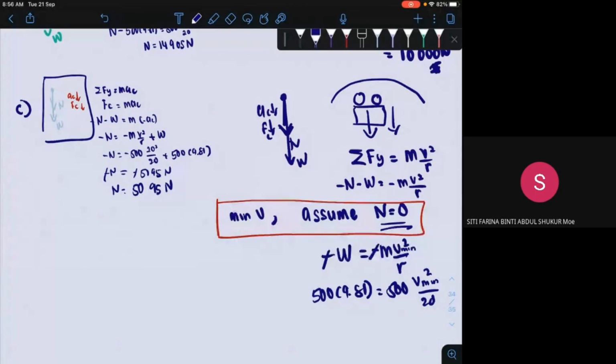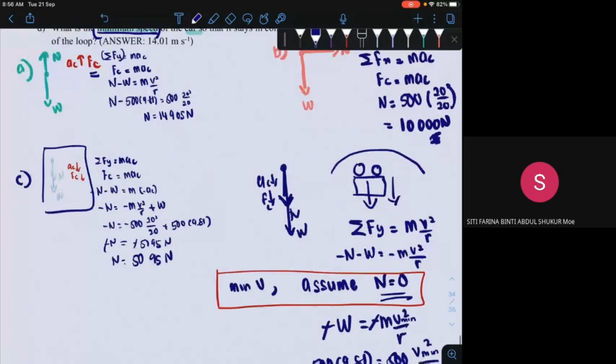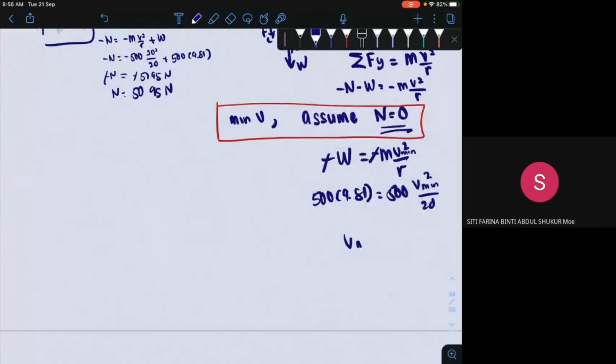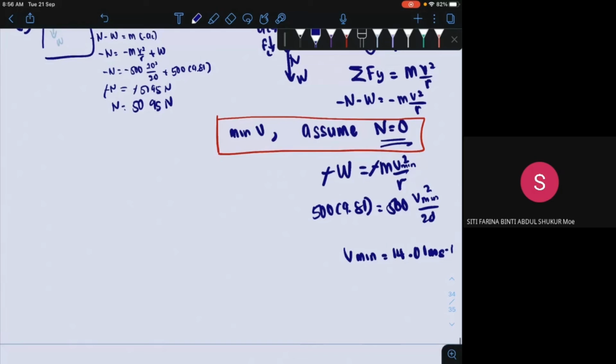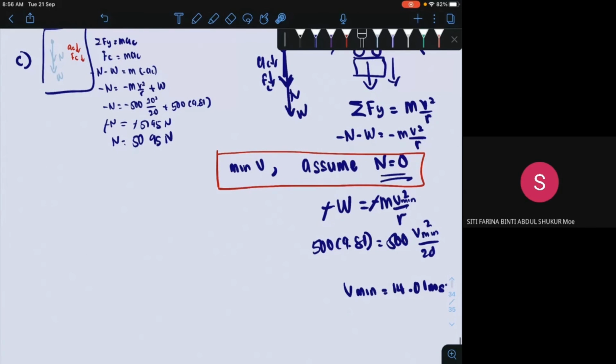So awak pun tekan calculator. Awak akan dapat V minimum kamu sebanyak 14.01 meter per second. So maksudnya V minimum yang kamu dapat ini adalah V bila N kamu kosong.